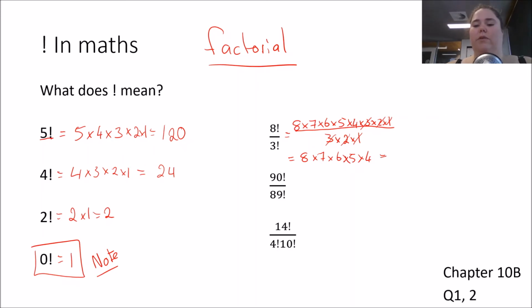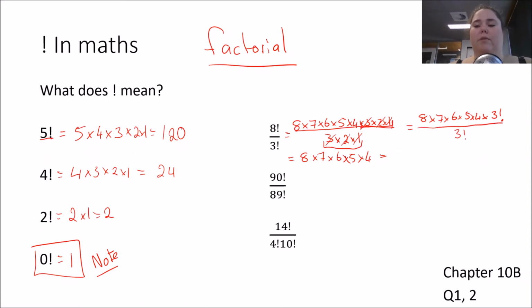We can also rewrite our fraction as 8 times 7 times 6 times 5 times 4 times 3 factorial, because we can see this bit I crossed out here is the same as this bit down here, which is 3 factorial.